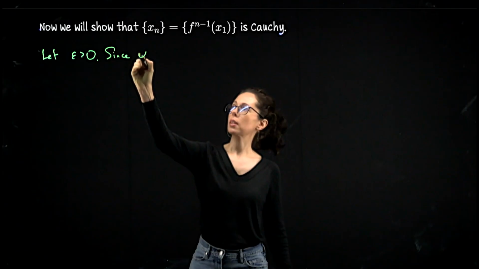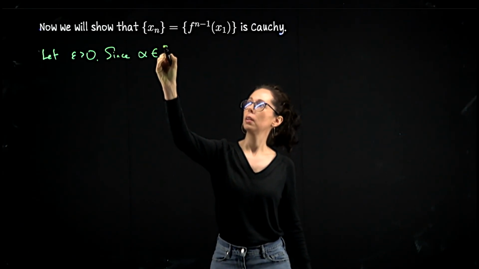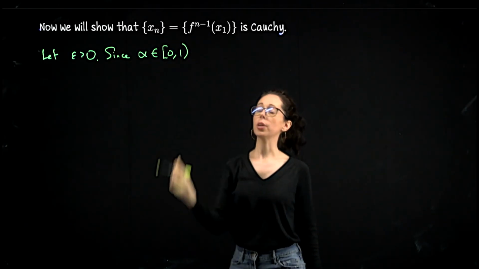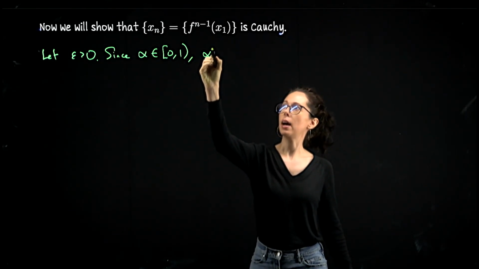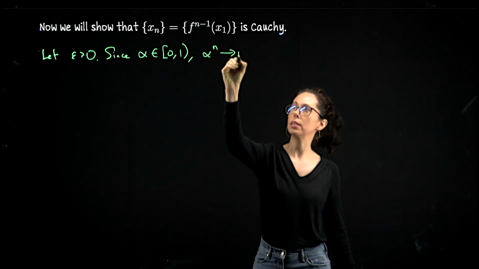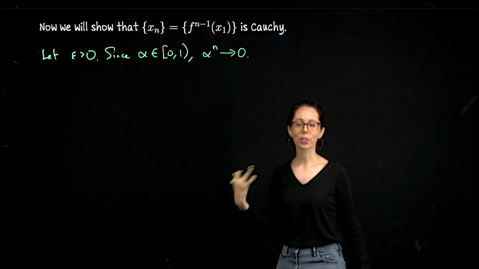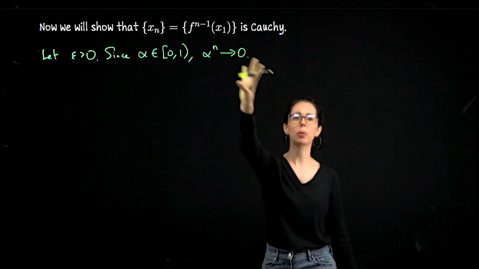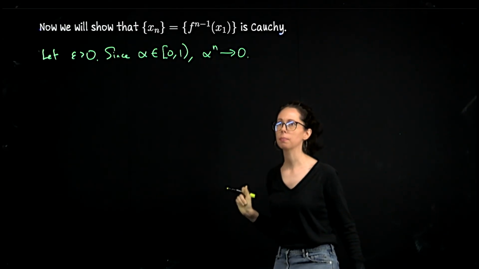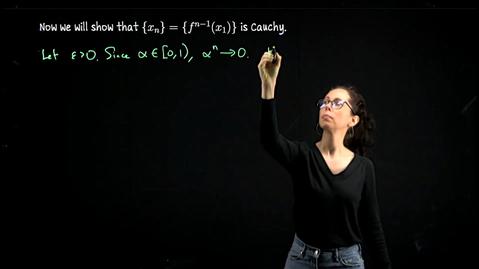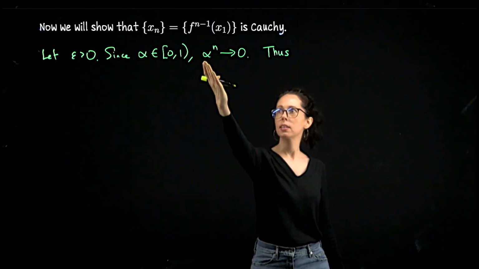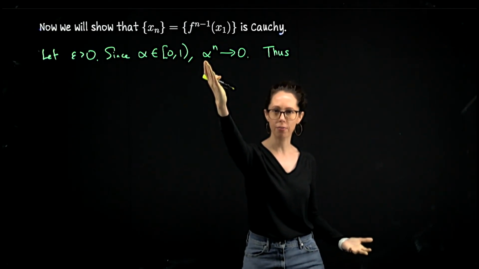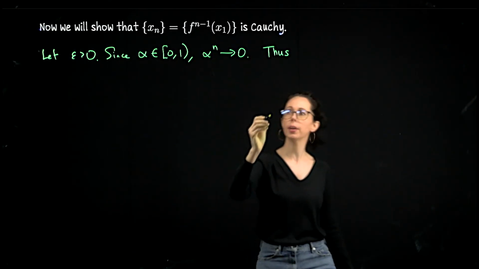Since this Lipschitz constant alpha is between 0 and 1 and strictly less than 1, the sequence alpha to the n goes to 0. So alpha squared, alpha cubed. That's something we prove in the basic study of sequences. Thus, if I take this term here and just multiply it by a fixed number, that will also go to 0.